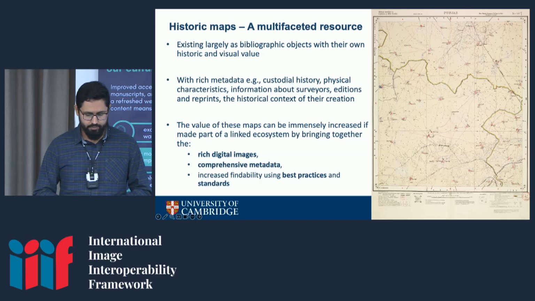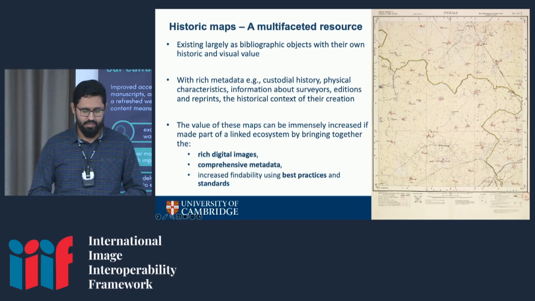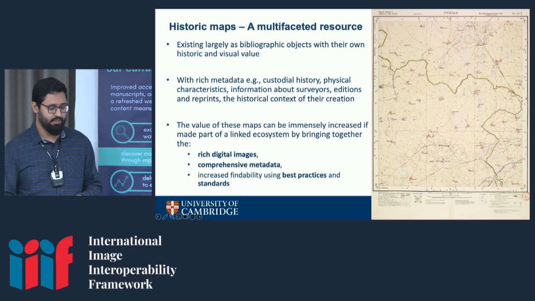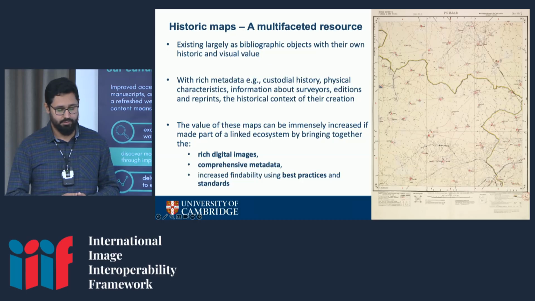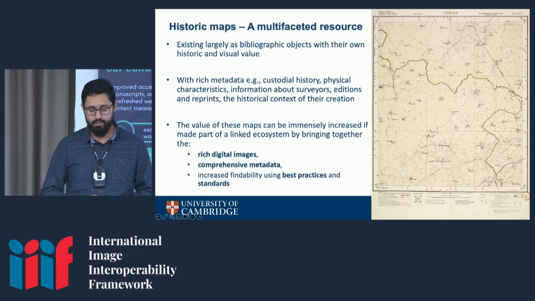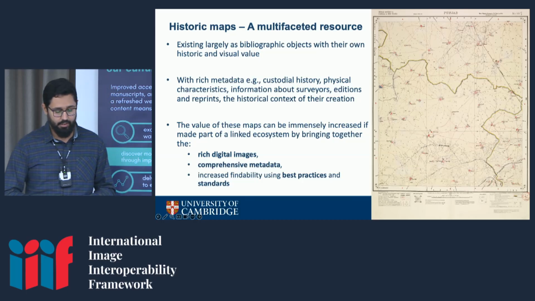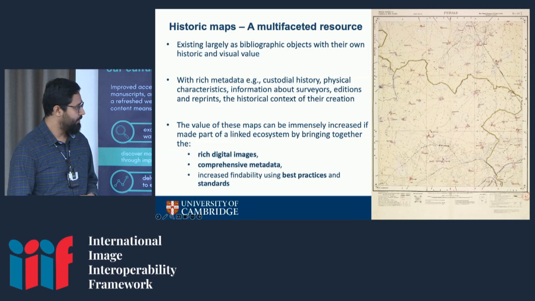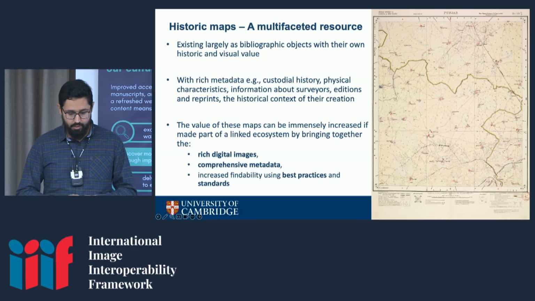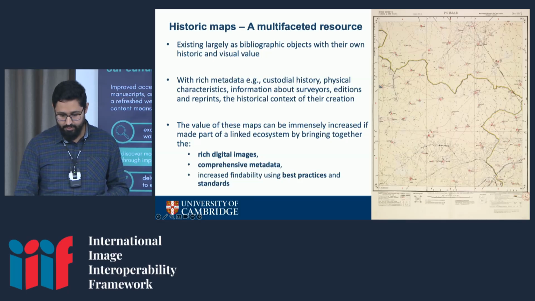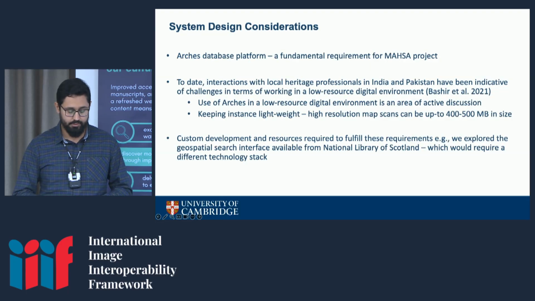And we thought that the value of these maps can be immensely increased if they are made part of a linked ecosystem where we can bring together the rich digital images and comprehensive metadata, all while following best practices and standards to increase their findability. To make a system for that, we had some design considerations.